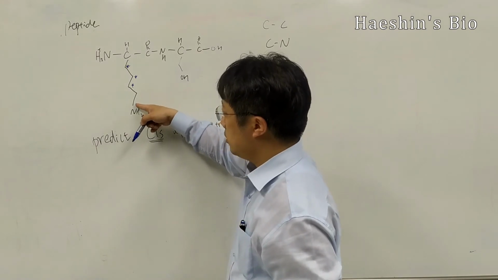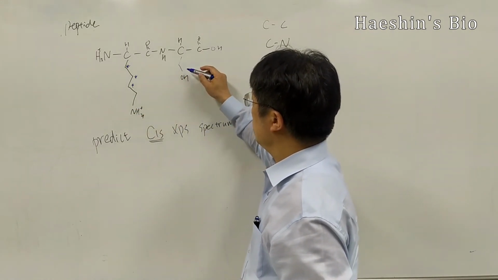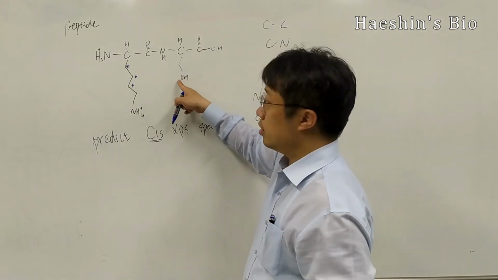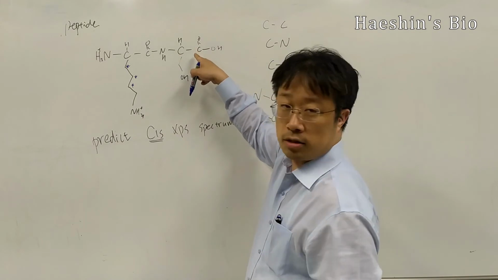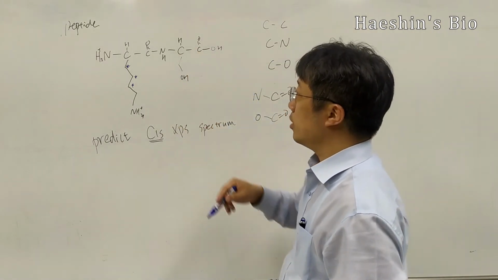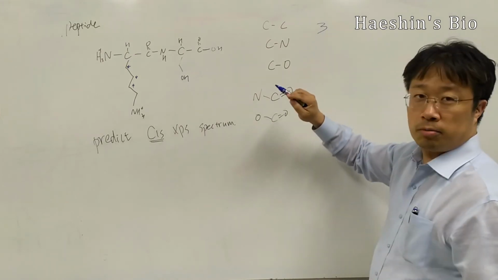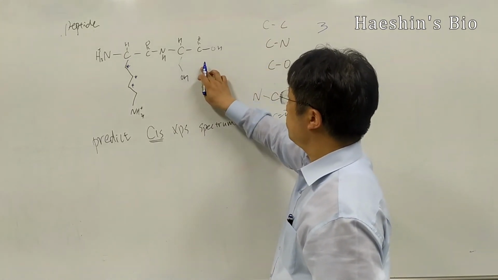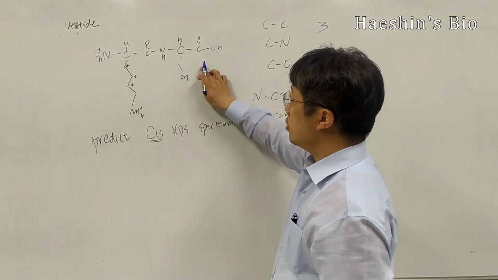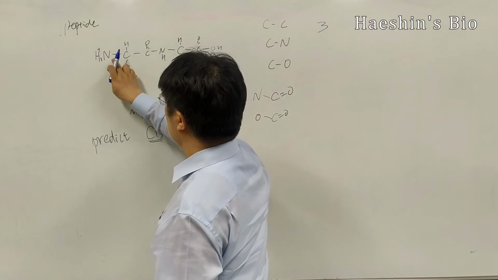And not this, because C and N is different, so that might be the case. And this is CO, so it's not the case. The CN is not the case. The CO double bond is not the case. So this is actually the one that we have. So maybe this is CC. Number of carbon is 3. CN. Actually, there's no true CN except for this one.